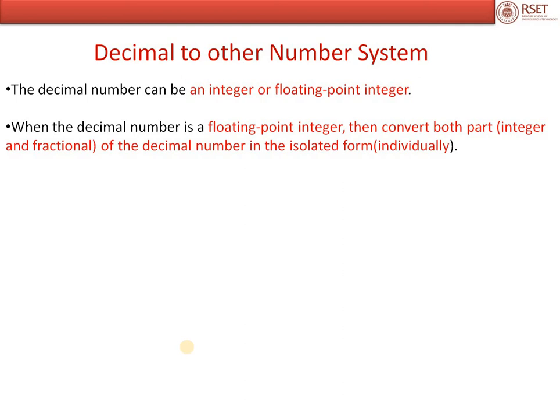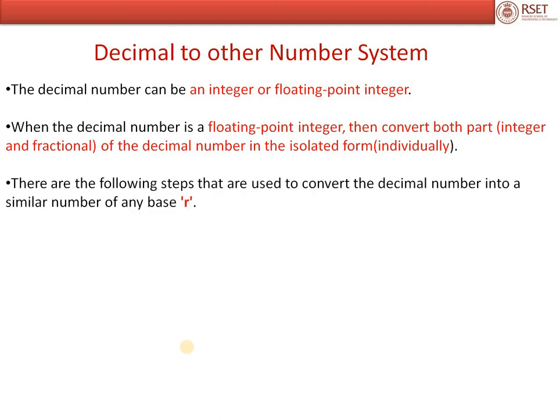The next number system is decimal to other number systems. So it includes a certain process. The decimal number can be an integer or a floating point number. When the decimal number is a floating point number, then convert both parts of the decimal number in isolated form, or we have to consider them individually. It includes 2 steps.